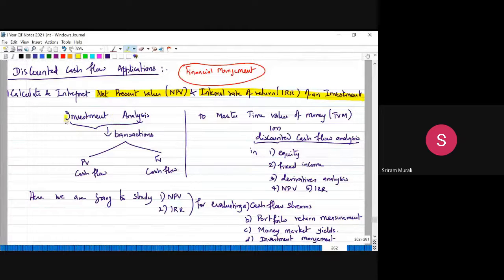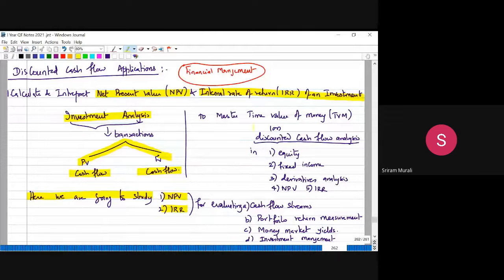So investment analysis is classified in terms of two transactions. One is present value cash flow, another one is future value cash flow, which is what we discussed in the last chapter. Here we are going to study the net present value and internal rate of return, which will be very useful in financial management when you come to CA Inter or Final or any CMA, CPA, whatever course you take.